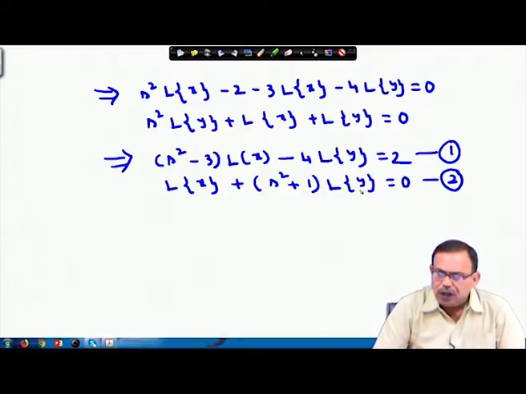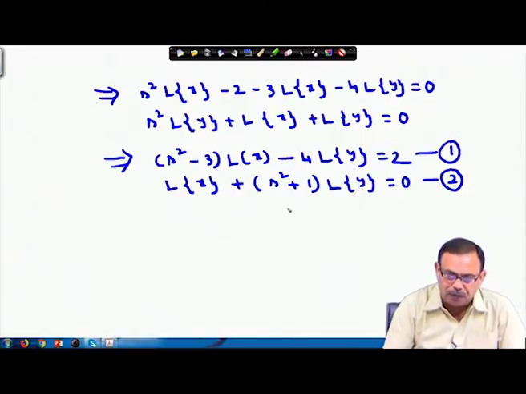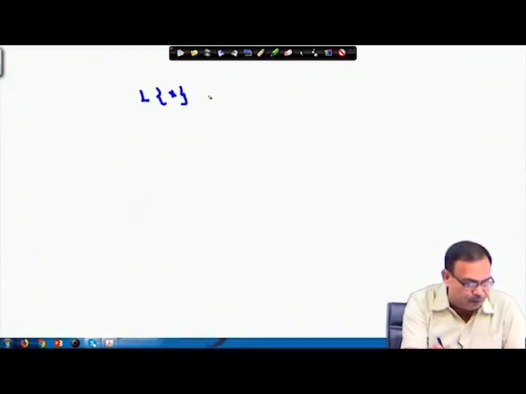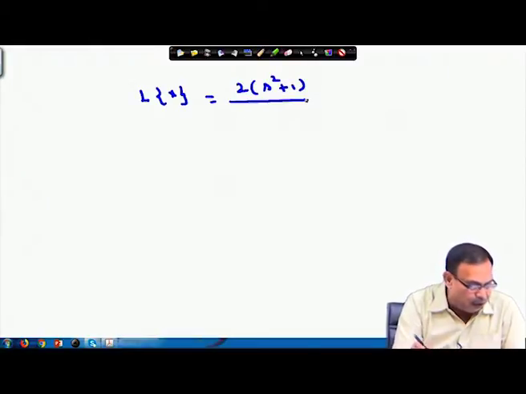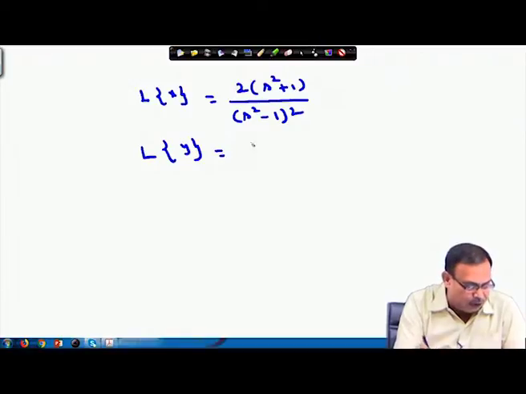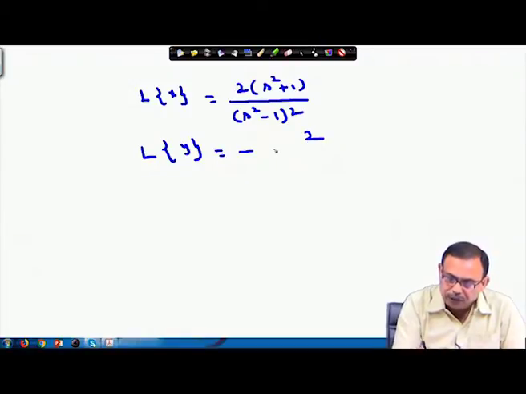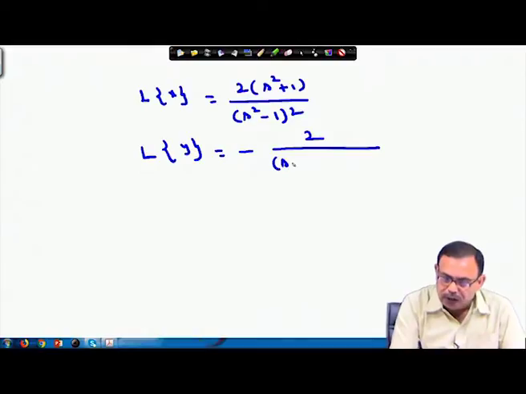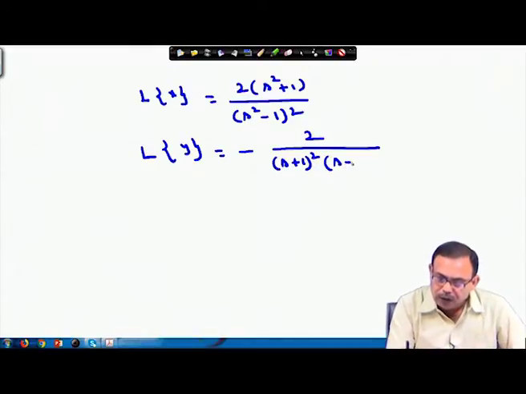As a function of s. So, by solving equation 1 and 2 for finding the values of Laplace transform of x and Laplace transform of y, you will obtain Laplace transform of x as 2 into s square plus 1 by s square minus 1 whole square, and Laplace transform of y, this you will obtain as minus 2 by s plus 1 whole square into s minus 1 whole square.